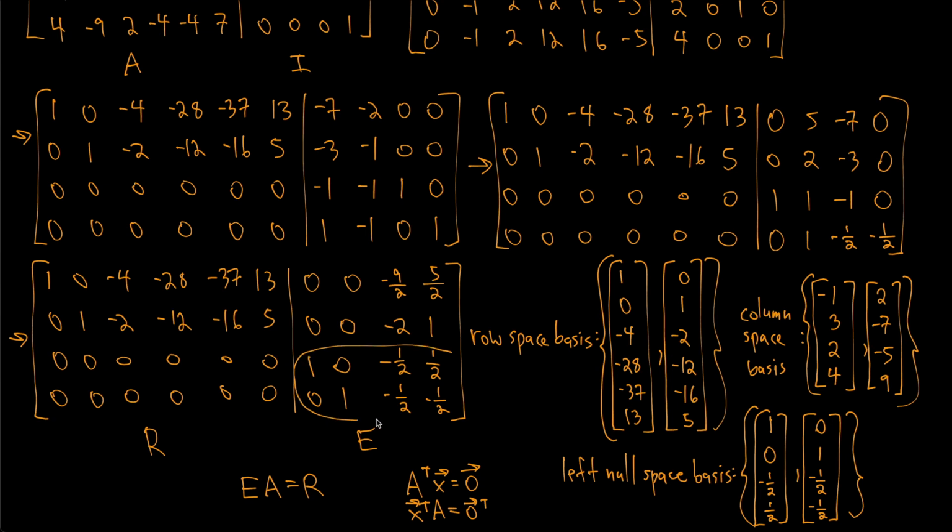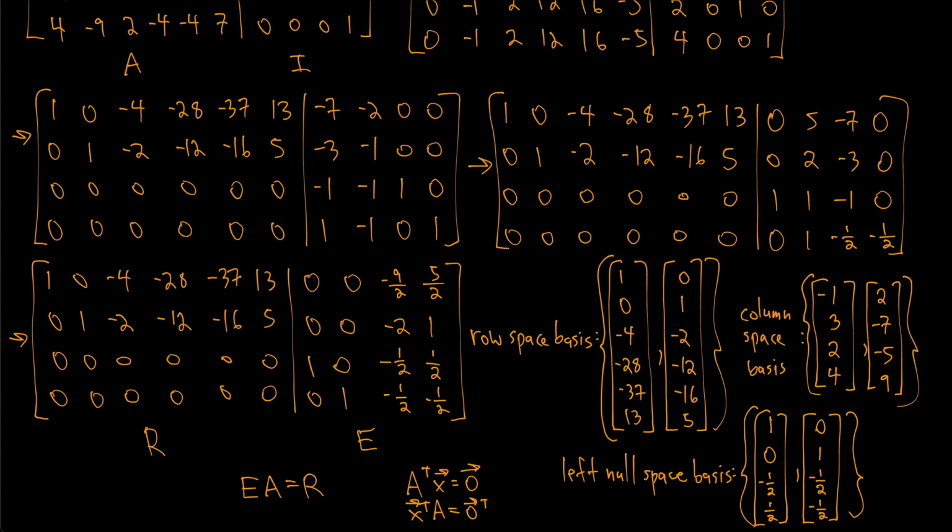So these rows right over here are exactly what we need in order to make this equation true. So that's why these guys constitute the basis for the null space of A transpose, aka the left null space basis. It'll always end up being the rows that you get with the leading ones in the matrix that you get when you take A adjoined with the identity and reduce it.